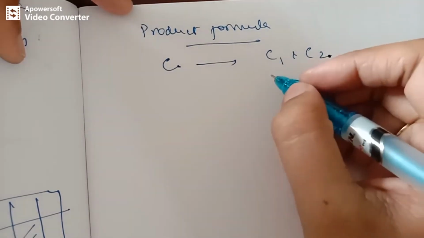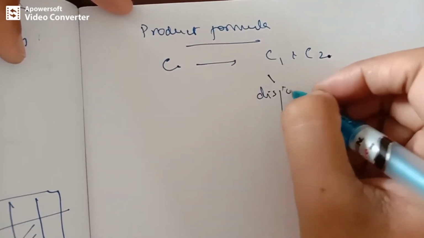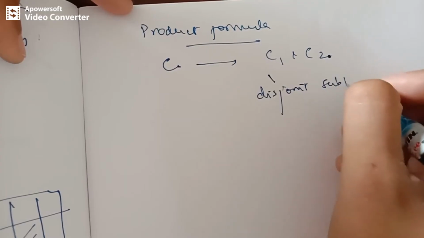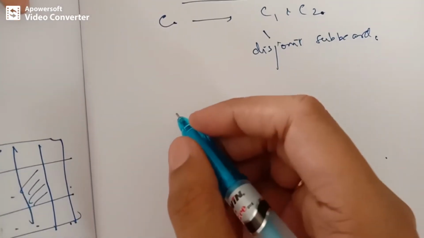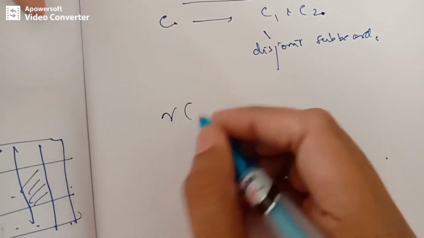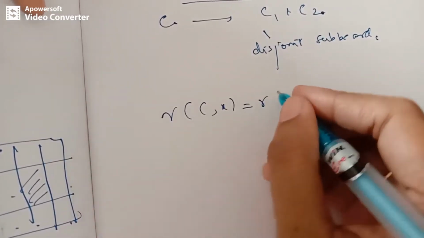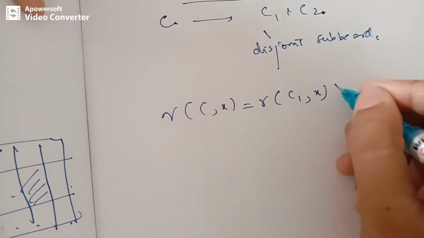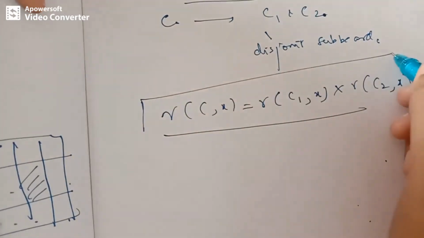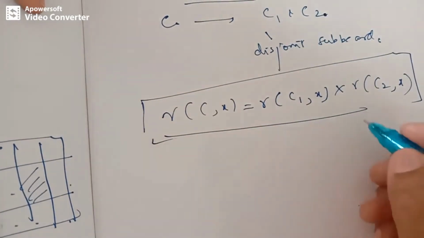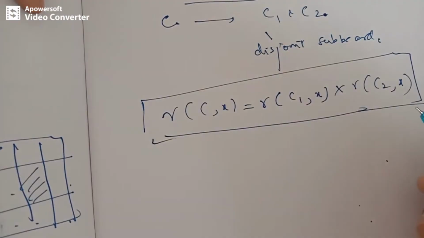Such parts are called disjoint subboards. There we apply the product formula, and it is given by R of C comma x is R of C1 comma x into R of C2 comma x. So this is the product formula.